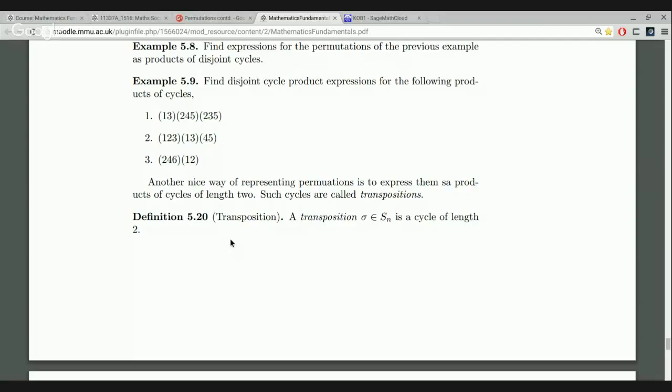Okay? It's a 2-cycle. And 2-cycles are a useful technical tool to have to talk about permutations.